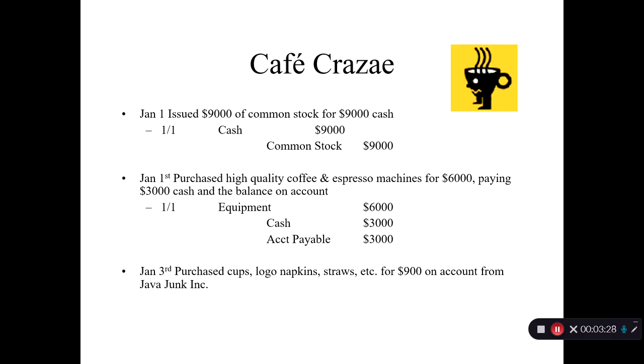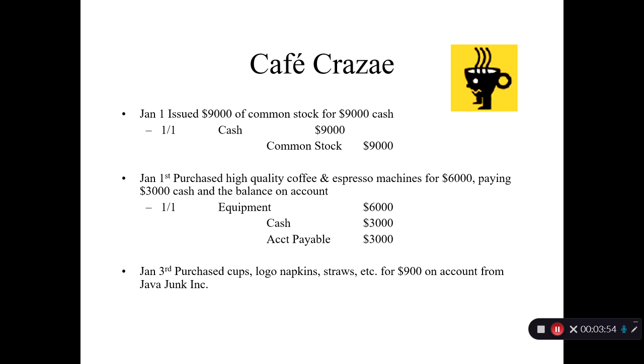Okay, our next entry on January 3rd, we purchased cups, logo, napkins, straws, etc. for $900 on account from Java Junk. So what is this? We actually are buying supplies, right? Supplies for our company to operate the business. Supplies for us as a coffee shop would be an asset, okay?